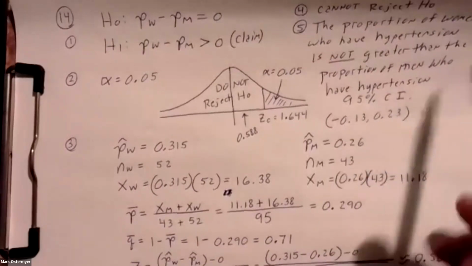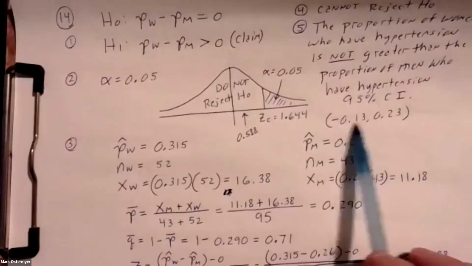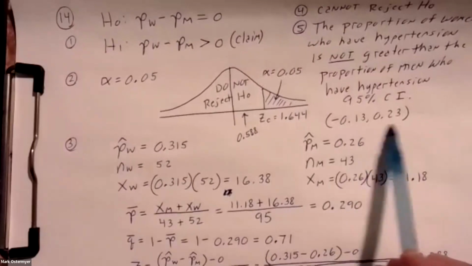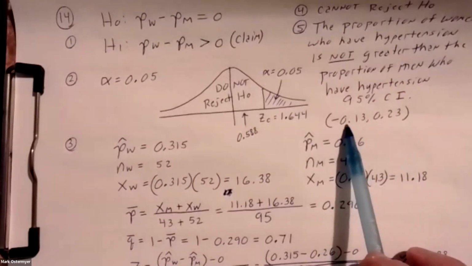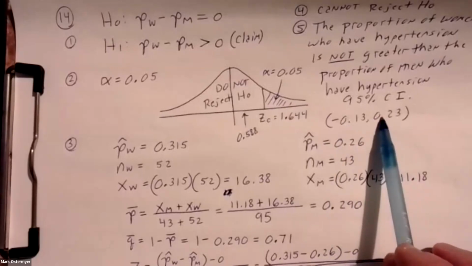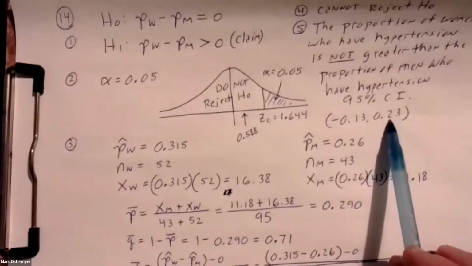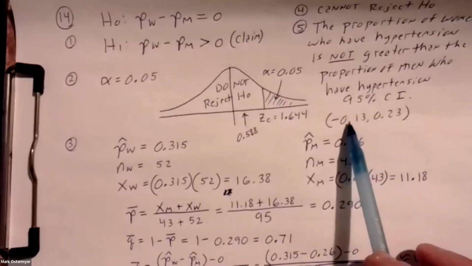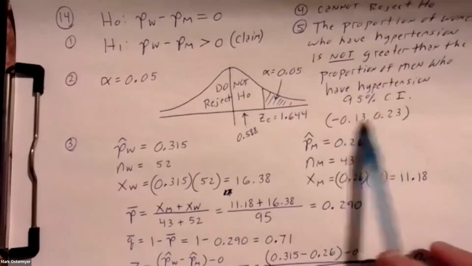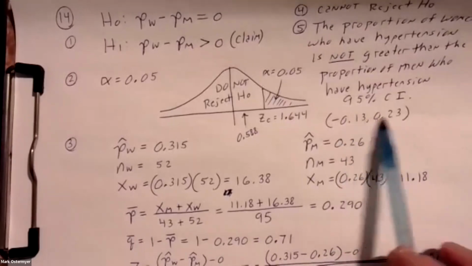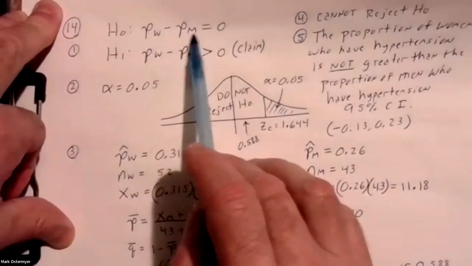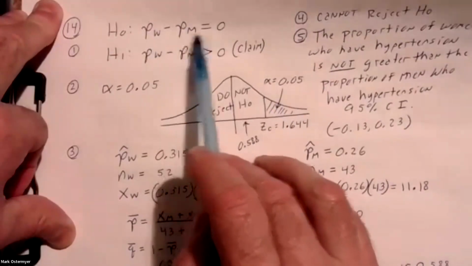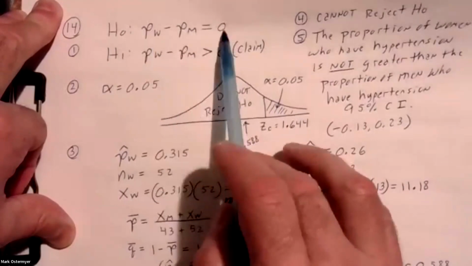Constructing the 95% confidence interval also indicates the same conclusion, in the sense that we have a negative value for our lower endpoint and a positive value for the upper endpoint of this interval. And because we have a negative and a positive endpoint, that means 0 is found in this interval, which would suggest essentially that the difference between the proportion of women and men who had hypertension is 0, meaning there's no difference.